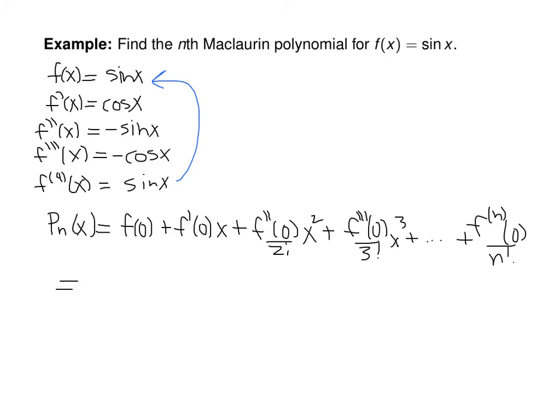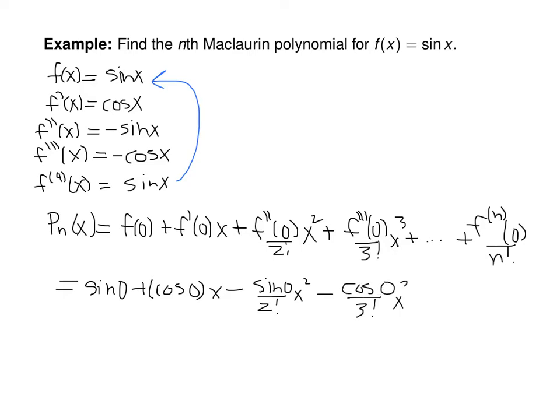So in our specific case, that will be equal to sine of 0 plus cosine of 0 times x minus sine of 0 over 2 factorial times x squared minus cosine of 0 over 3 factorial x cubed, and then plus sine of 0 over 4 factorial x to the 4th plus, etc.